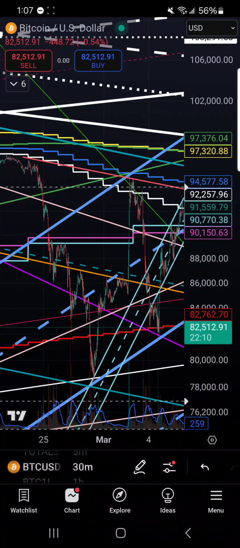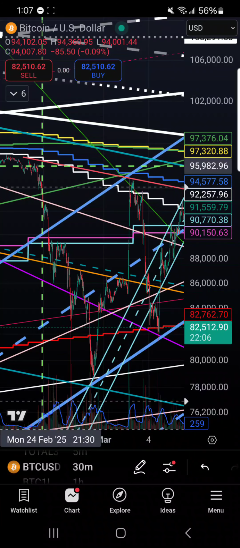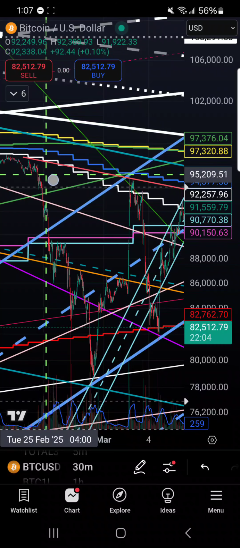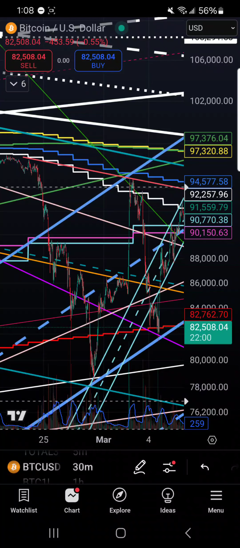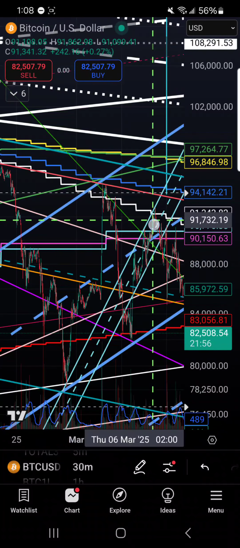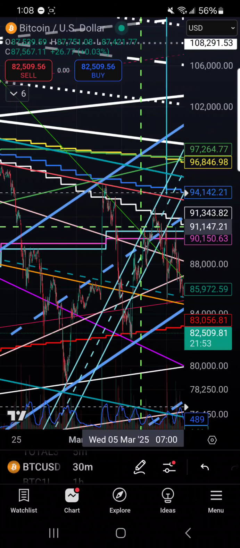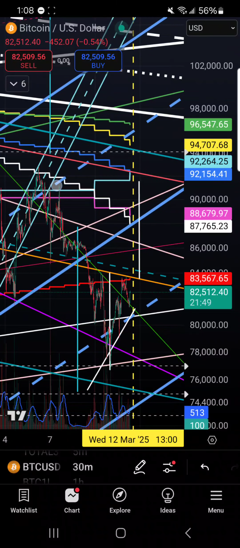The shoulder starts up here where we dumped from, up around 95,000. Shoulder starts there, kind of has a weird looking shoulder in there, and then the head is forming right here.